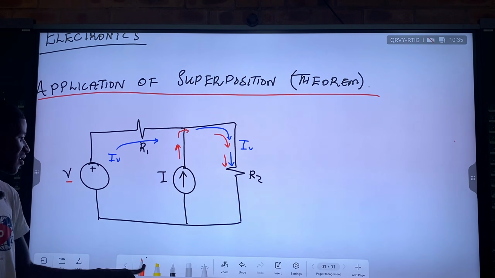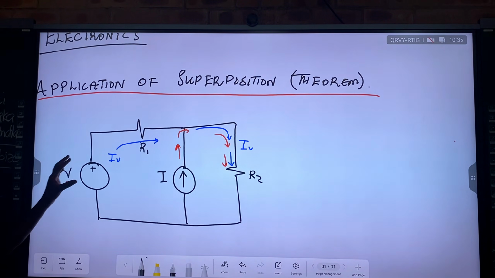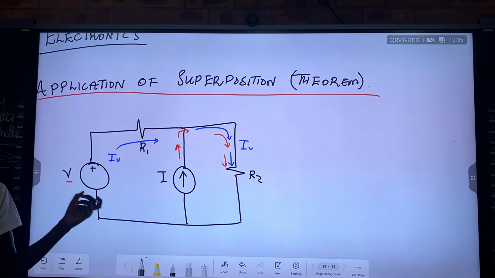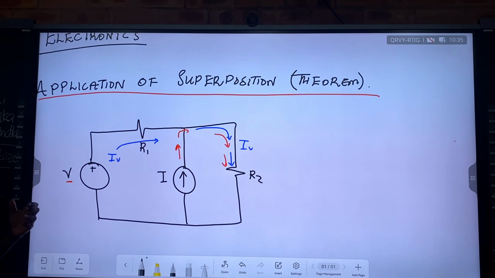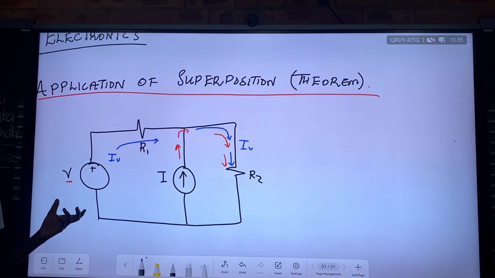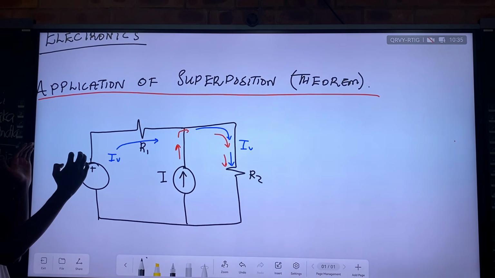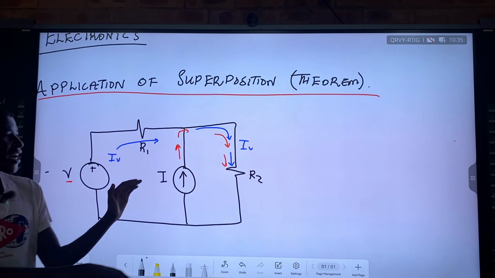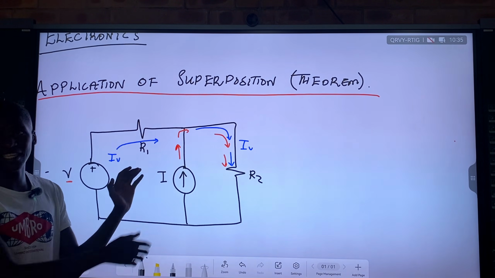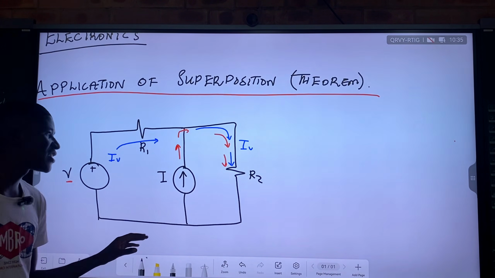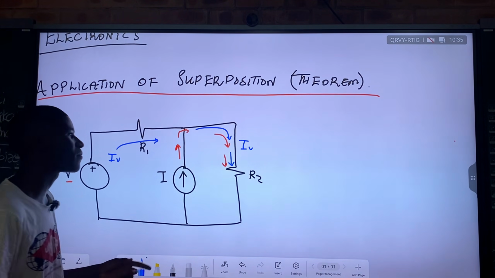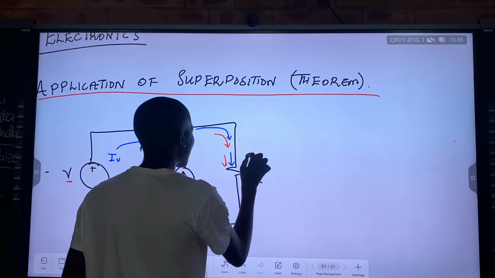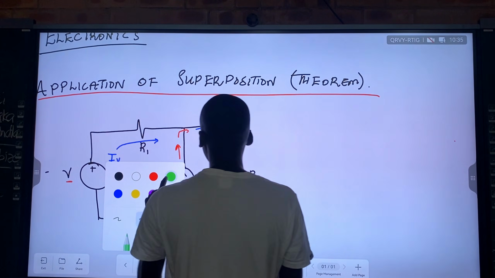So since we are having two sources of current, it means that resistor 2 is not only receiving current from one side. One current is coming from the voltage source, and the other current is coming from the current source. So when we want to calculate the current through resistor 2, we have the current I2 entering resistor 2.